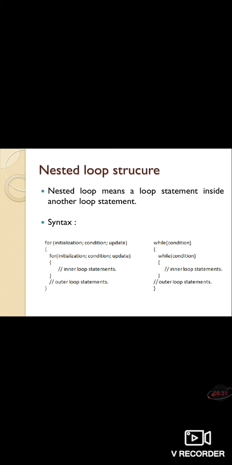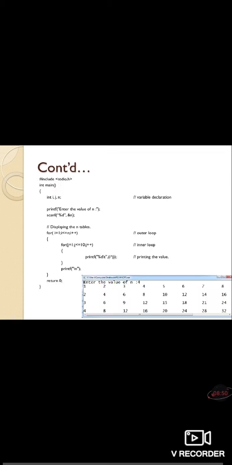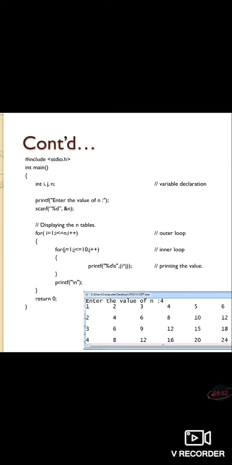The nesting level can be defined n times. We can define any type of loop inside another loop. For example, we can define a while loop inside a for loop also. For example, here we are defining a for loop within another for loop.